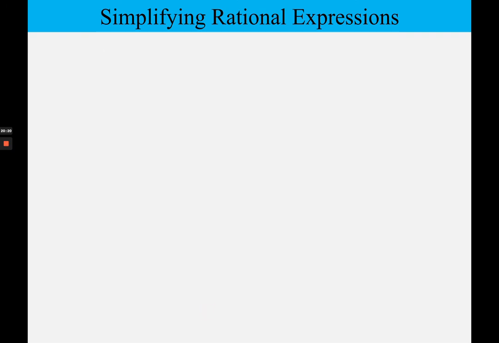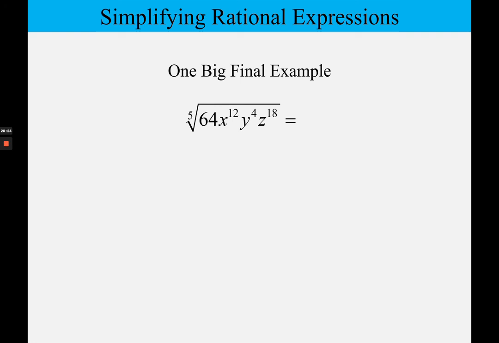Okay, I guess we are on our very last example. Fifth root of 64 times x to the 12 times y to the 4 times z to the 18th. 64 is not a perfect fifth power, but actually we can factor it.